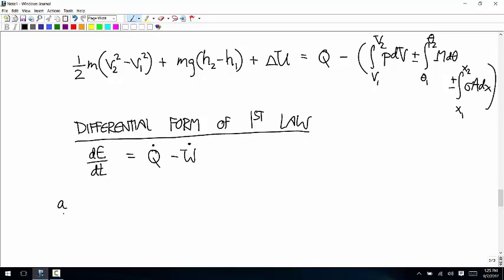Now, one thing that we would use this form for is if we know that we're in steady state, so no properties of the system are changing. So rewrite this for the case of a steady state process.